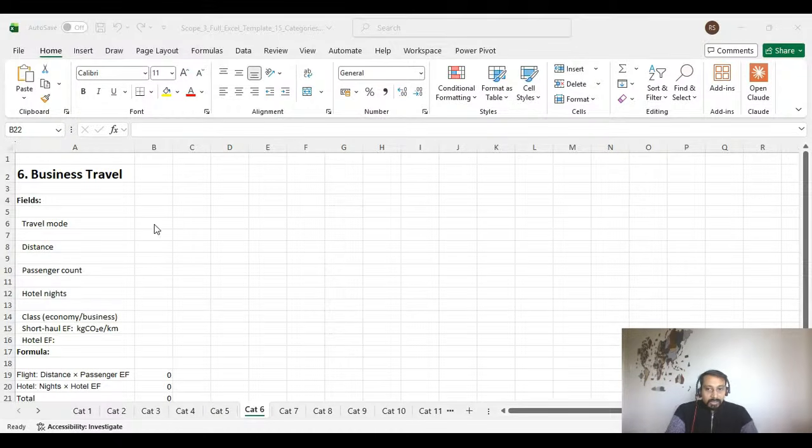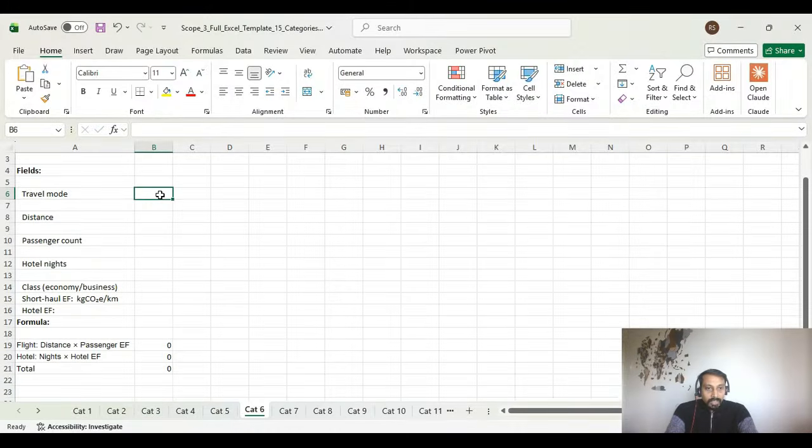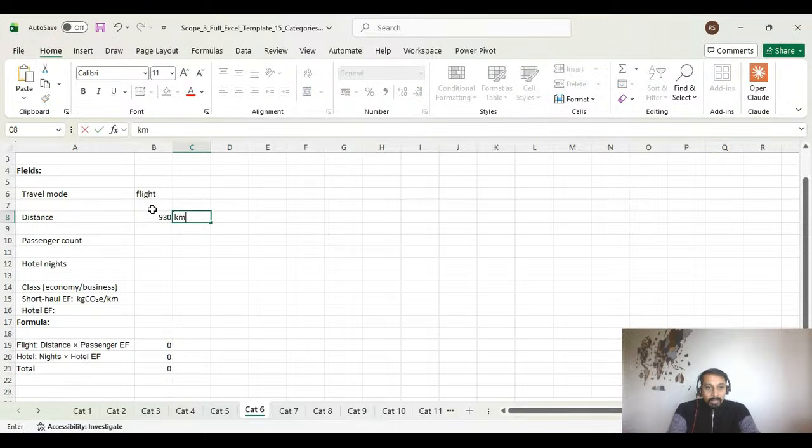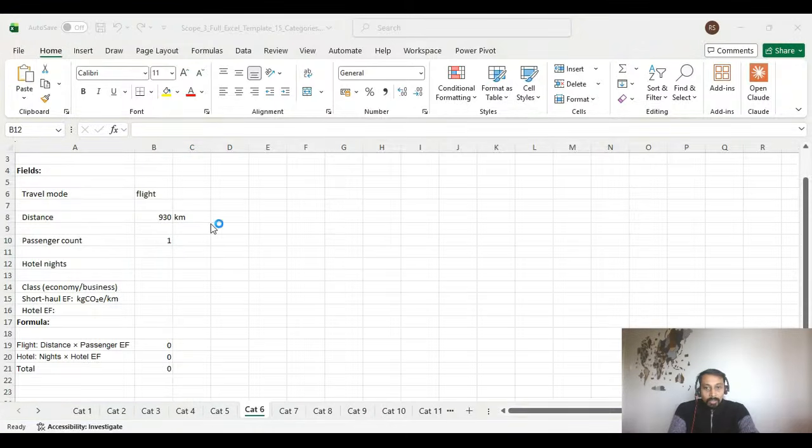So here let's mention that travel mode is flight, distance is 930 kilometers, then passenger count is 1. Hotel nights is important because hotel nights calculation is also going to be counted. So let's say 3 nights are going to be stayed in Berlin.